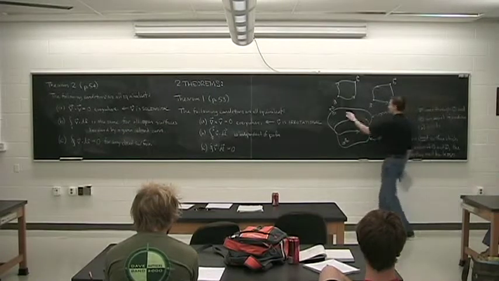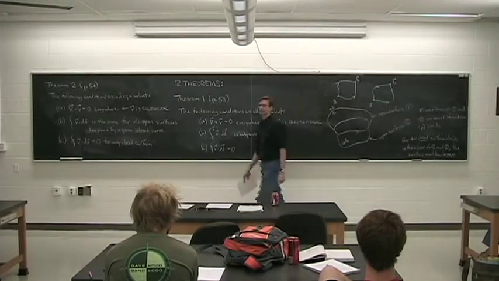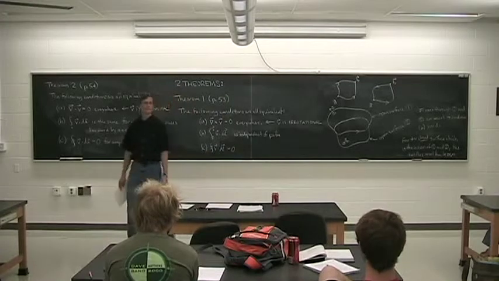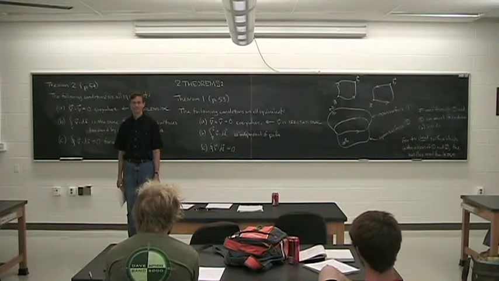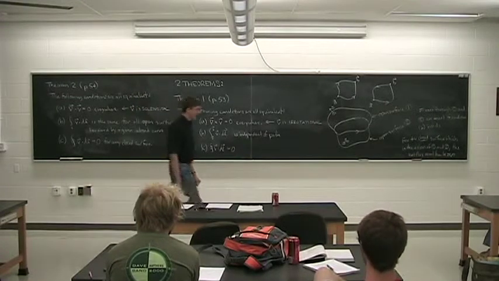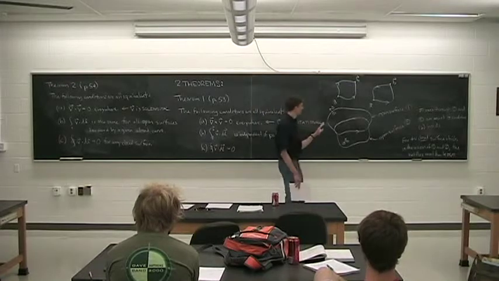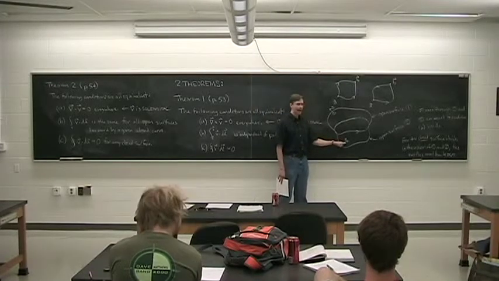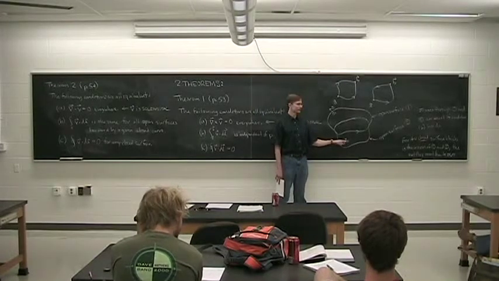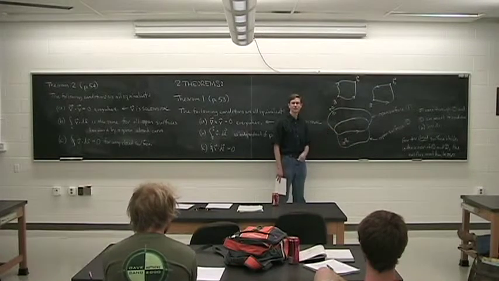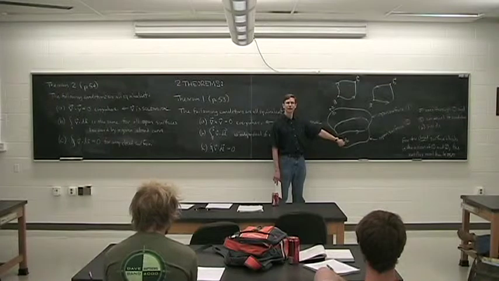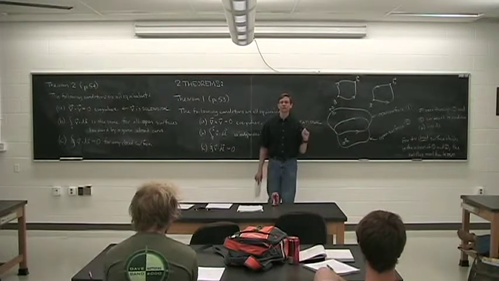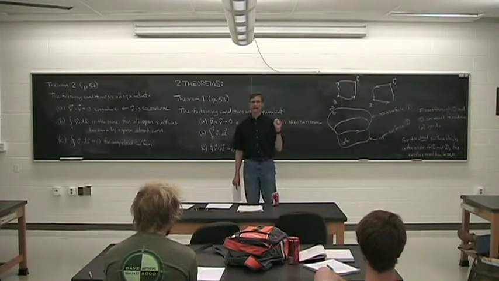Why, if these two fluxes are equal to one another, is the net flux through the closed surface 0? Or we have to be a little careful. What direction does n hat point for the closed surface on surface number 2 here? If I have a closed surface, n hat is going to be the outward normal.